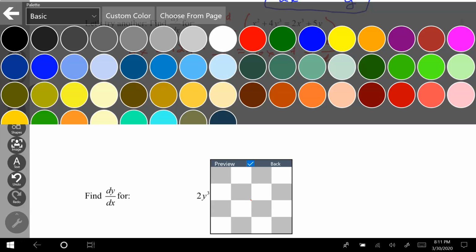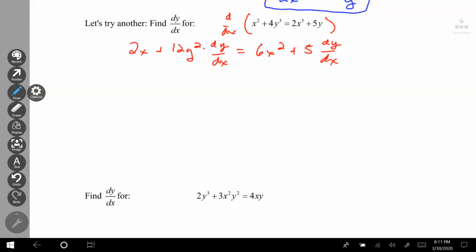I want to isolate the dy over dx, so what do I want to do? I'm going to get everything with the dy over dx on the left side of the problem. This is going to move, this is going to stay, this is going to stay, this is going to move. And when I do all that, I'm also going to factor out a dy over dx.